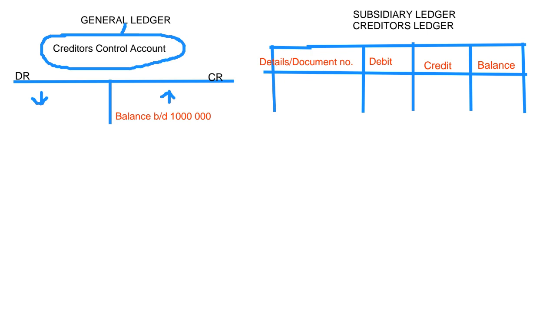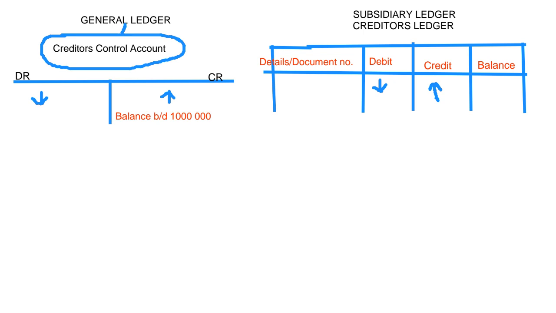Even though I'm under this ledger, the creditors ledger, it doesn't change. I will still increase on which side? On the credit side, and I will still decrease on the debit side. It's just that the format is different, but the principles are still the same. Are we clear there?